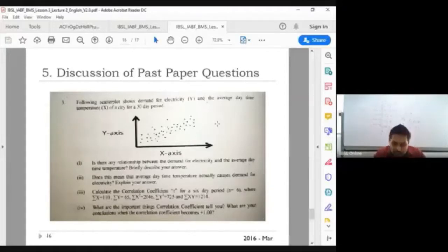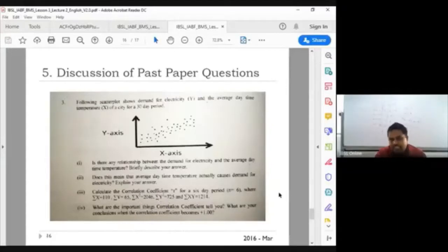Then, if you look at the third part, you need to calculate the correlation coefficient R. This is the last equation that we discussed in today's lecture, Rxy, for a 6-day period, n equals 6. If you look at those numbers, what the examiner has given are the exact numbers of sigma x, sigma y, sigma x square, sigma y square, and sigma xy.